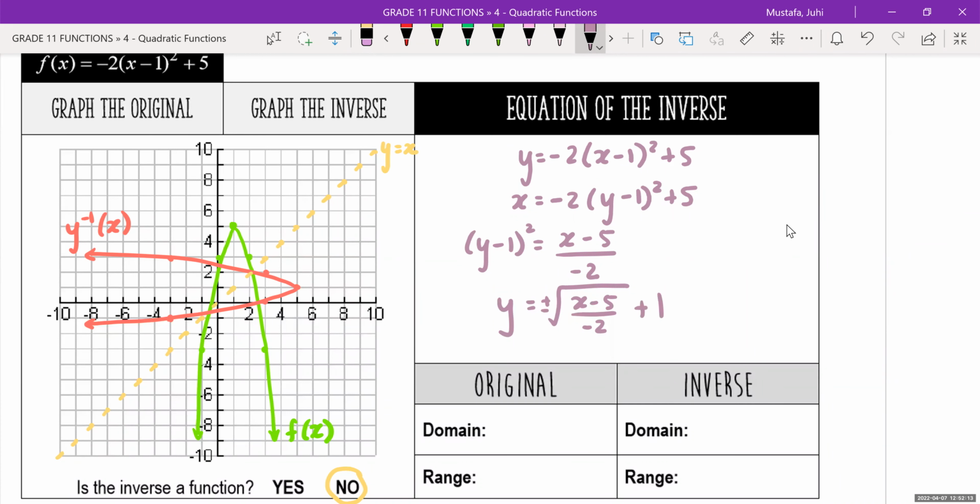I also want to remind you that that plus 1 does not go under the square root sign, so make sure you write it separate from the square root sign. Also, there is another way to write this. Remember last class, we talked about how if you wanted to split that up, you could write it as negative a half x plus 5 over 2 plus 1, whatever you want. But I'm just going to keep it as the one format that we have.